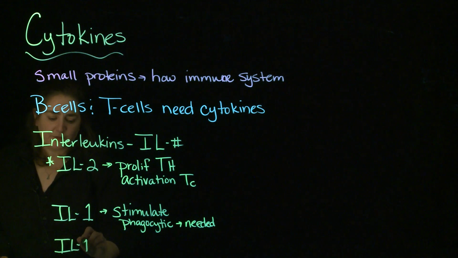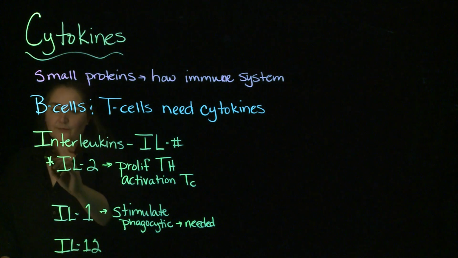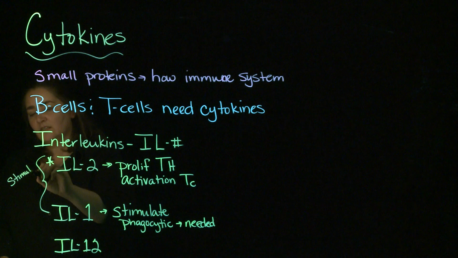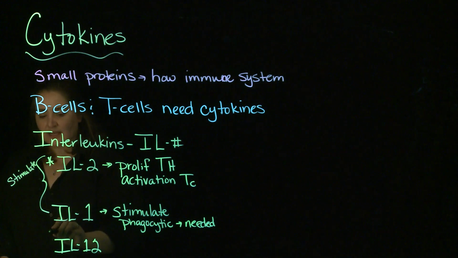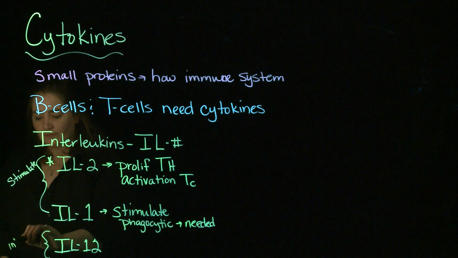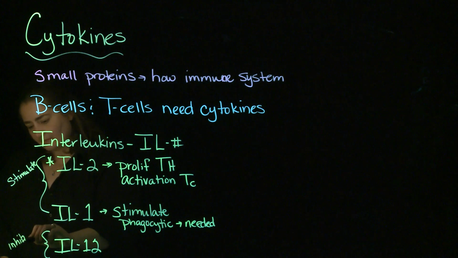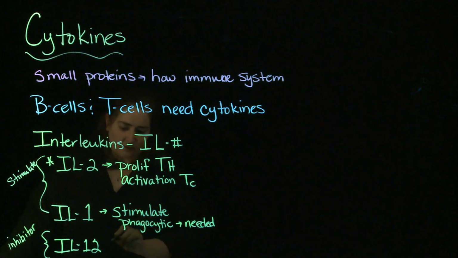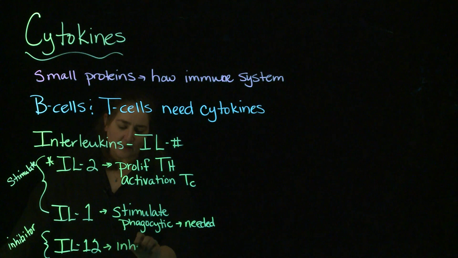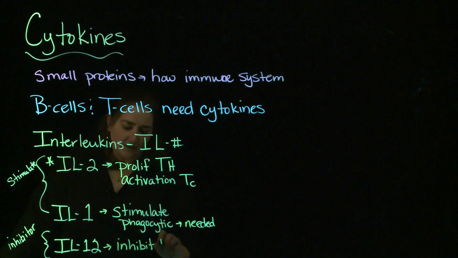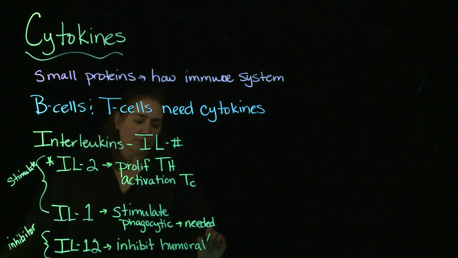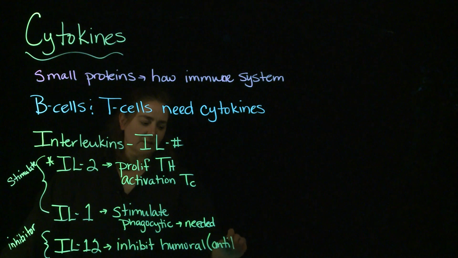I've got one more example I want you to know, interleukin 12. Interleukin 2 and 1 are going to be something that stimulates something to happen. IL-12 is a bit more inhibitory in its nature. It is going to inhibit humoral immunity, and if you remember, humoral immunity involves antibodies.